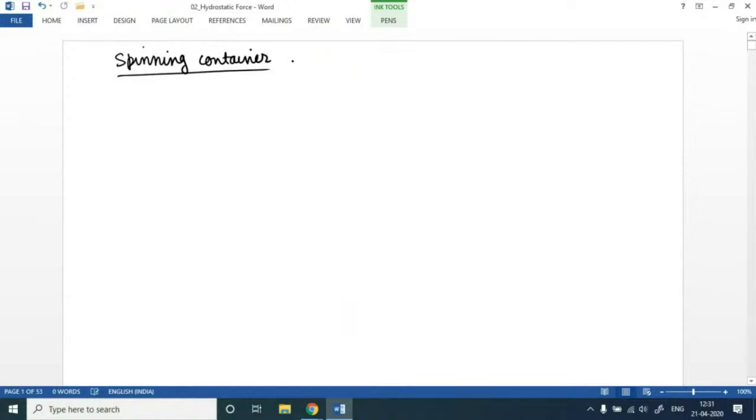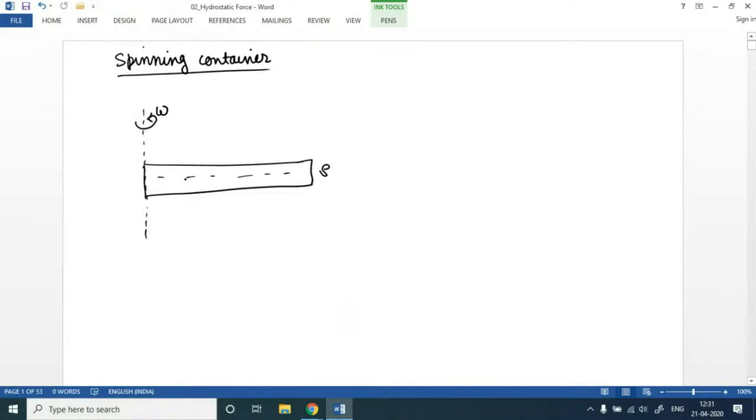Say we have a closed container and some liquid is filled inside it, its density is rho, and this whole container is being rotated with angular velocity omega about this axis over here.